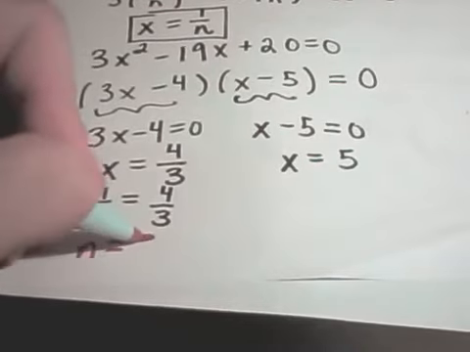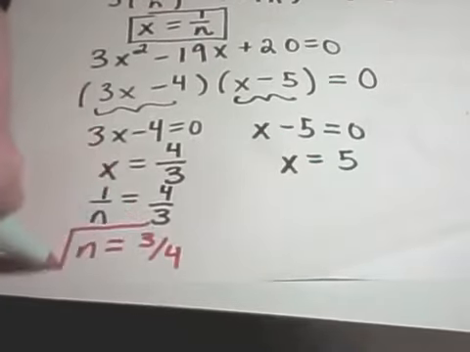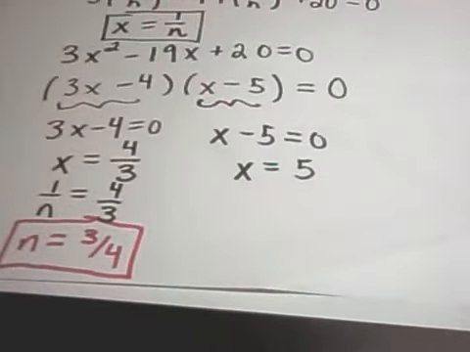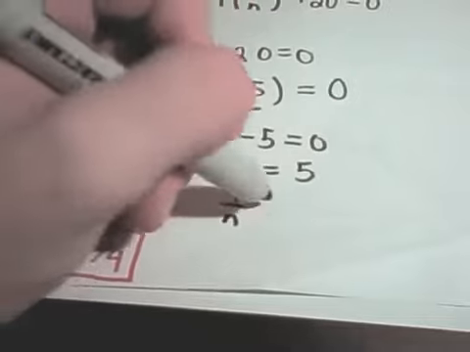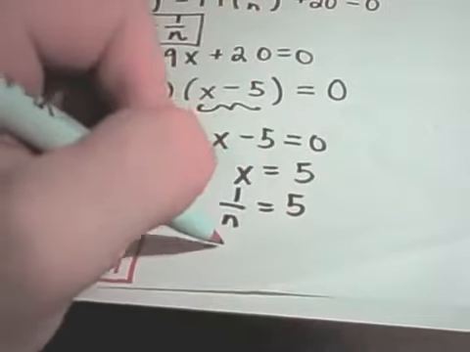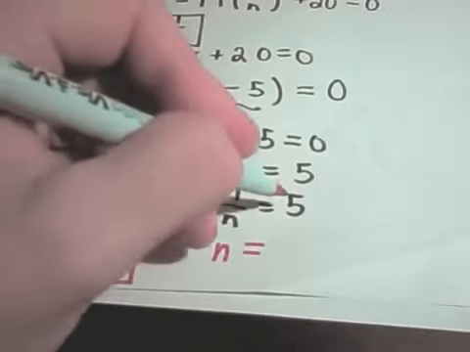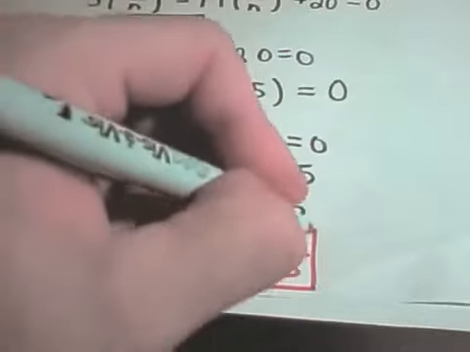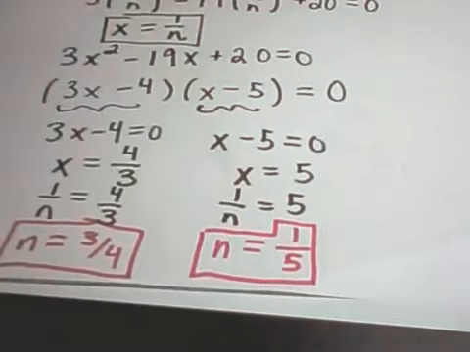You'll get that n equals 3/4 is a solution. And likewise on the right side we'll plug in that 1 over n equals 5. If I solve this for n, I'll multiply by n, divide by 5, I'll get that n equals 1/5 will be my other solution.